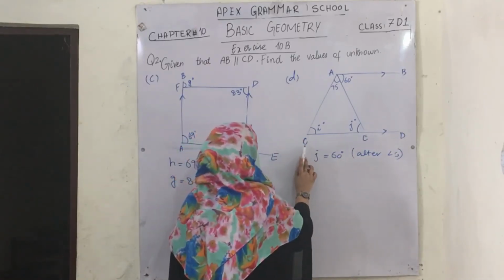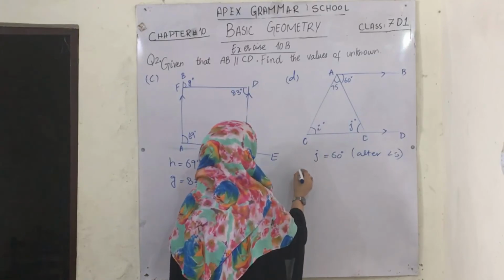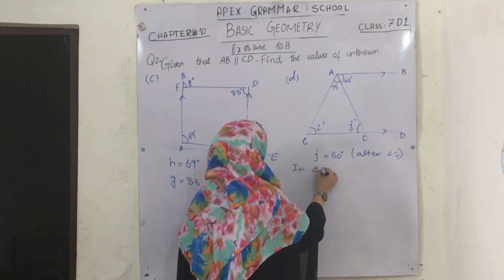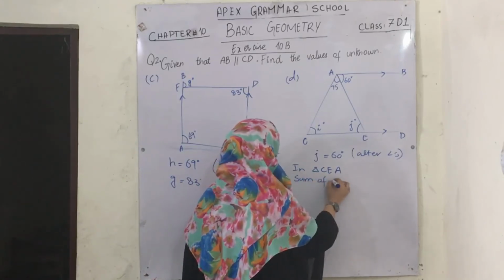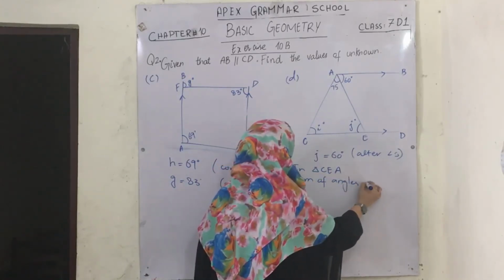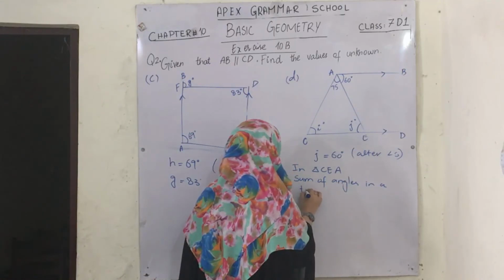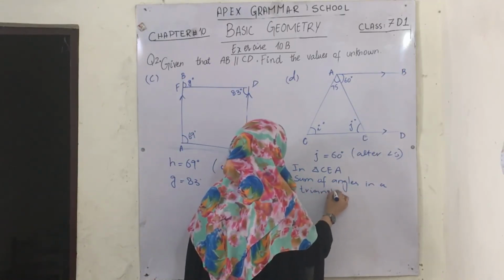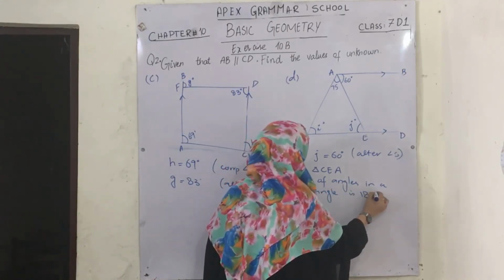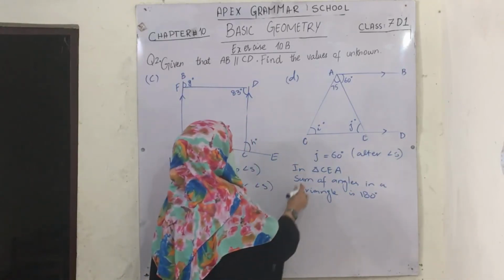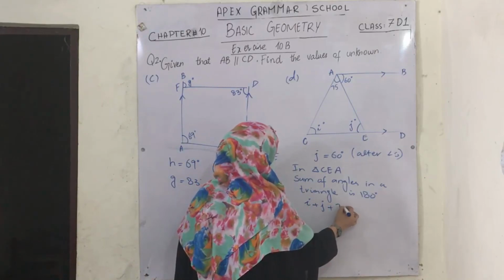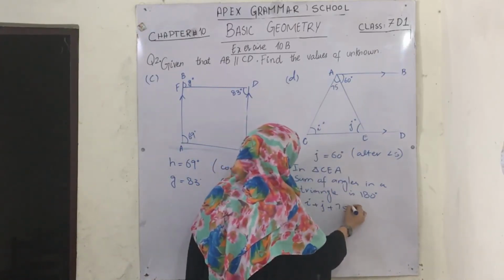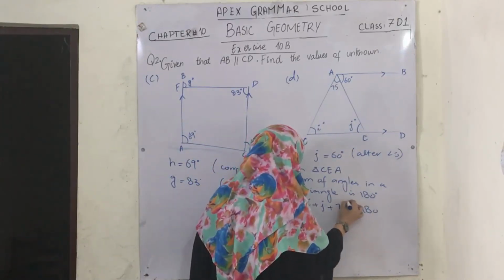Now look at this triangle CEA. In triangle CEA, you all know that the sum of angles in a triangle is 180. When you add all the angles inside a triangle, you get 180, which means I plus J plus 75. These are the three angles inside the triangle, so they will add up to make 180 degrees.